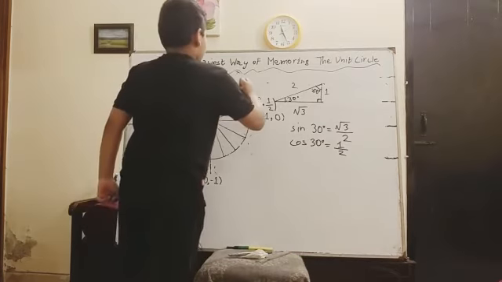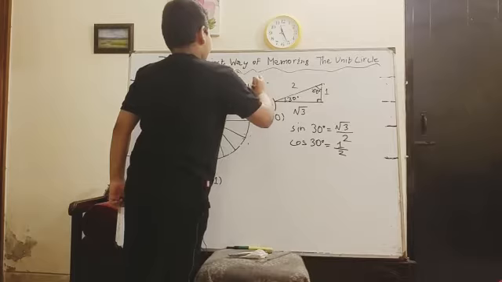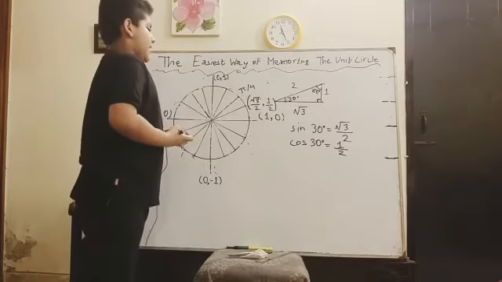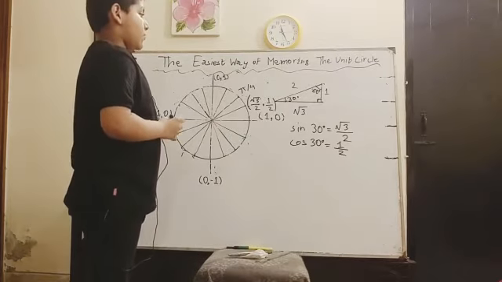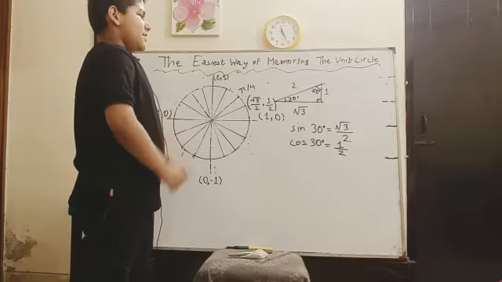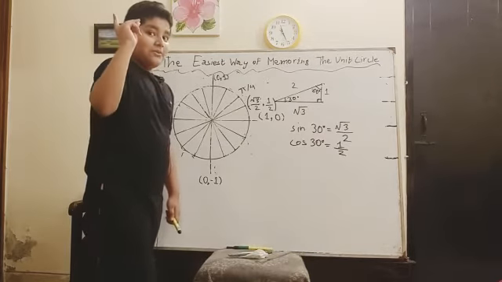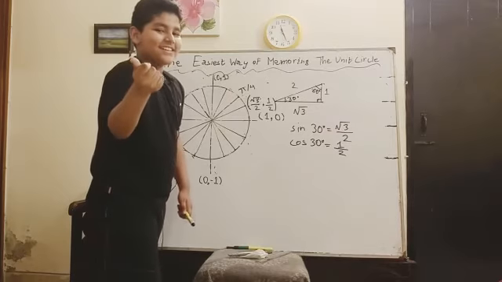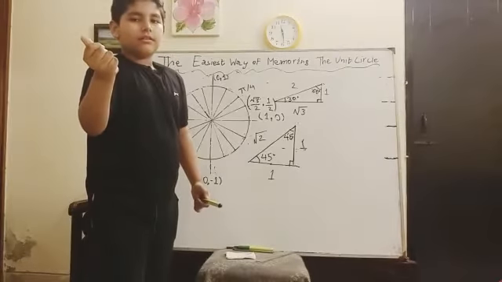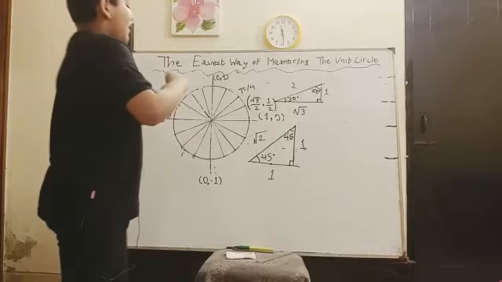Now, pi over 4. For this angle, we need to draw a triangle just for that. Now, let me do it right now. Isn't that cool?